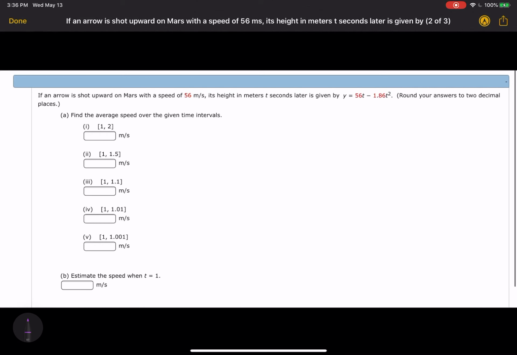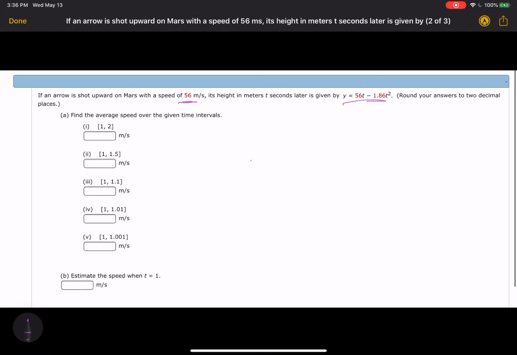So the first thing we need to do is define where P and Q are. We want to find the curve and all of that. So this problem says if an arrow is shot upward on Mars with a speed of 56 meters per second, the fact that it says 56 doesn't really matter.